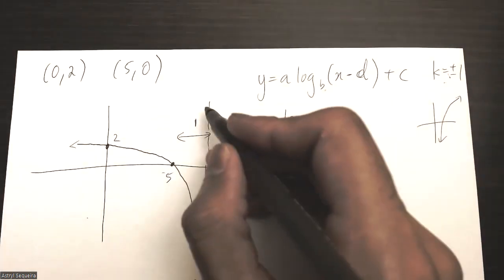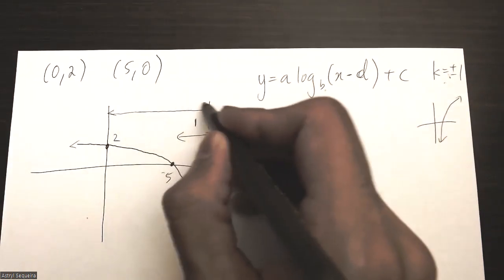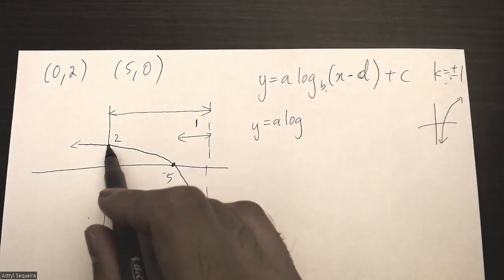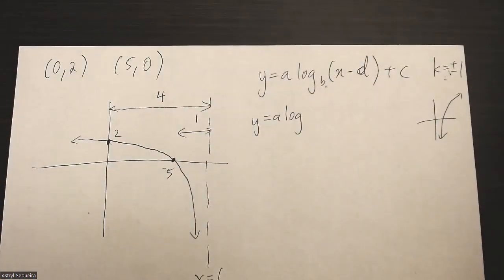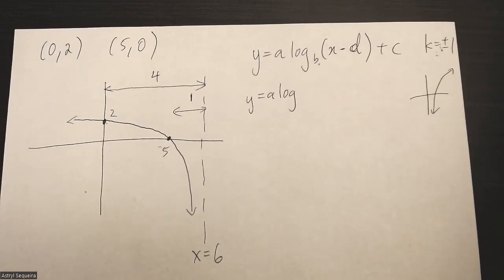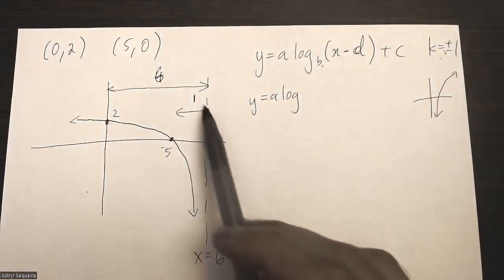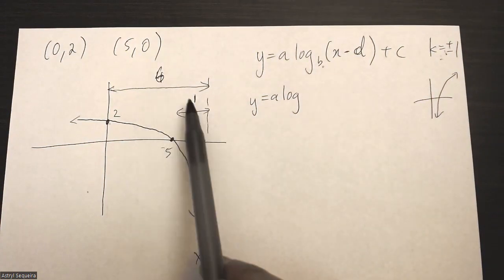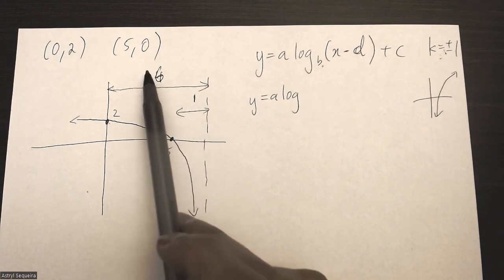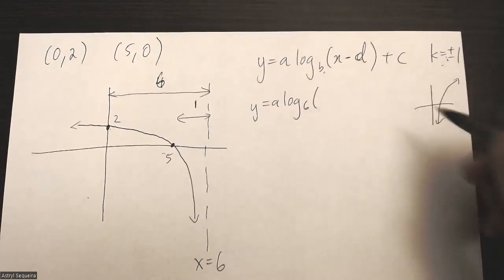I guess -1 in this case, but I'm not going to worry too much about the negative. And then the distance to my second point over here is 6. Distance is 1, distance is 6. So then you're just doing this number divided by this number to give you your base. So my base is 6 divided by 1, which is 6.